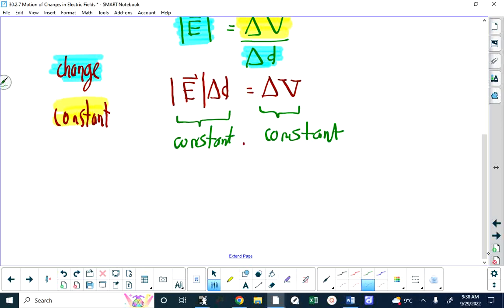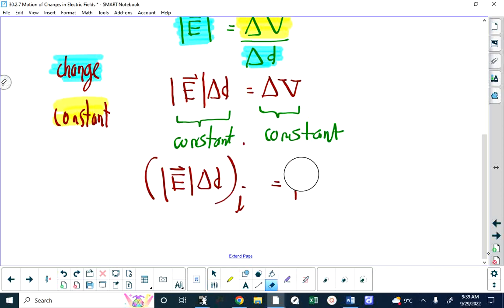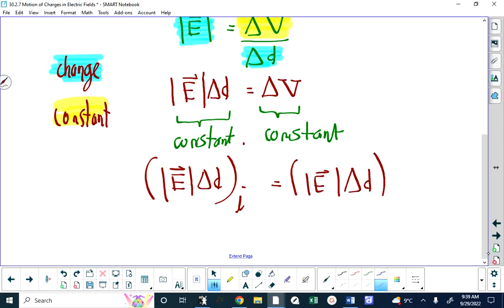Now, the electric field strength is going to change, the distance is going to change, but they're going to change in such a way, either do that or do that. One will get larger, one will get smaller, so that they stay the same. And what that means is we can take the electric field strength times the distance to begin with, set it equal to the electric field strength times the distance afterwards, and get the answer to the question.